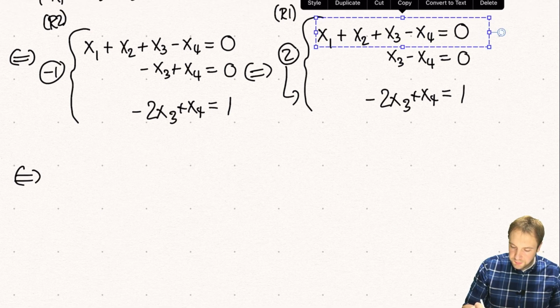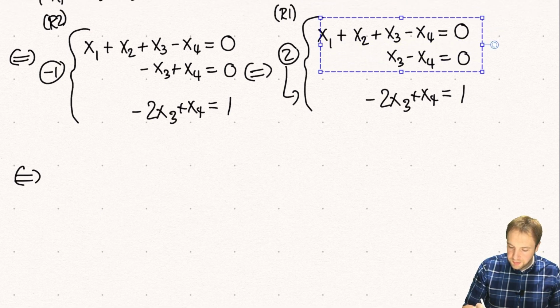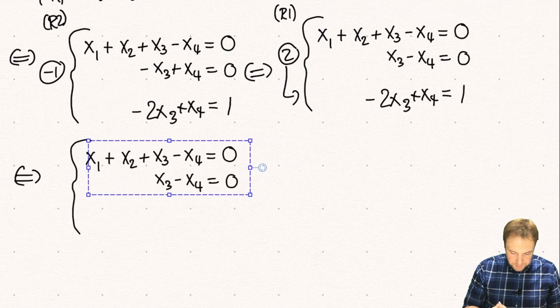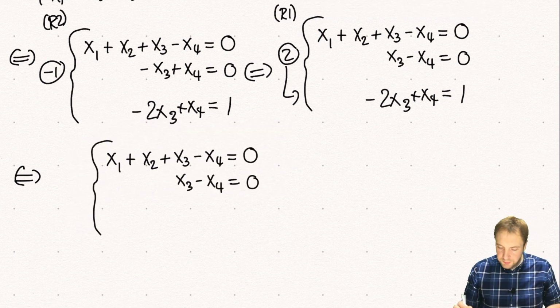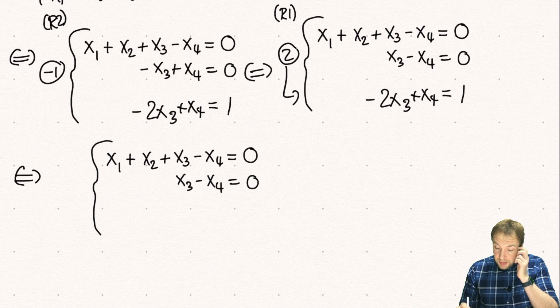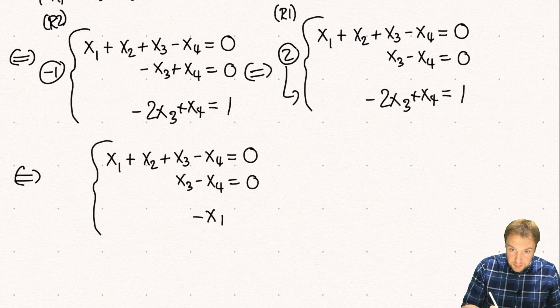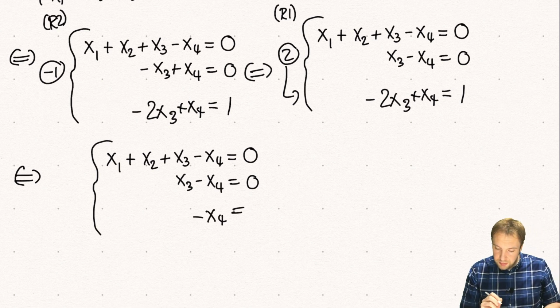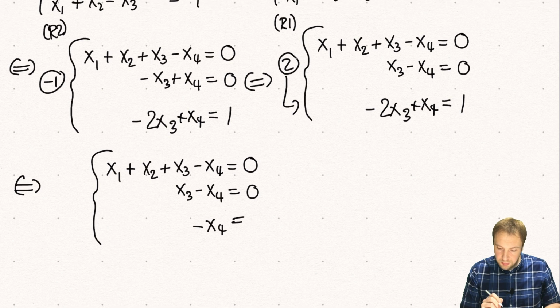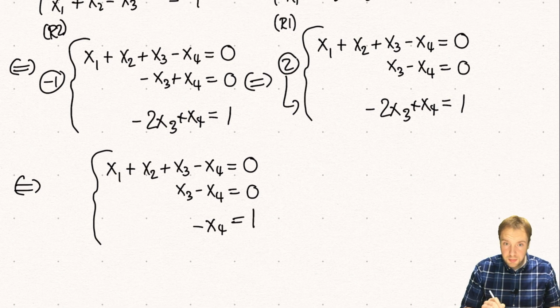well, this first is still, well, second is also the same. So let's put it here. So there's no x3 anymore, and there's minus x4 here, and yeah, and 1.